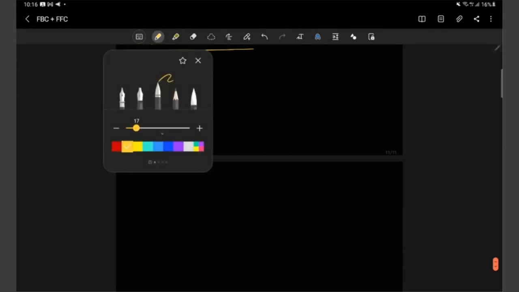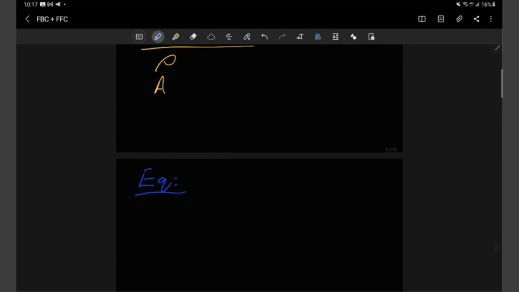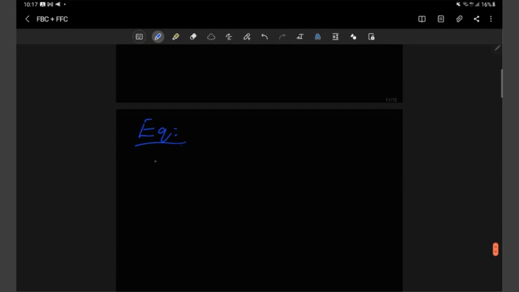Equations. First thing we do, what's the first thing? Mass balance, most definitely. And that is going to look like what? Correct?